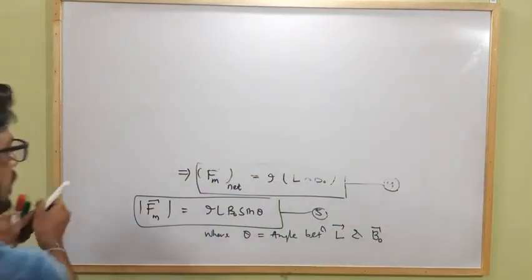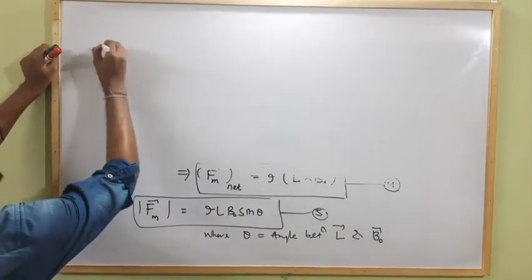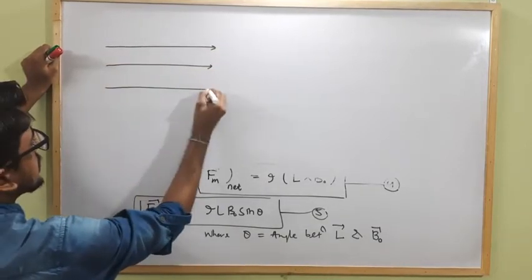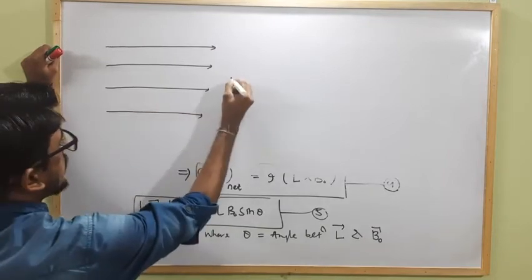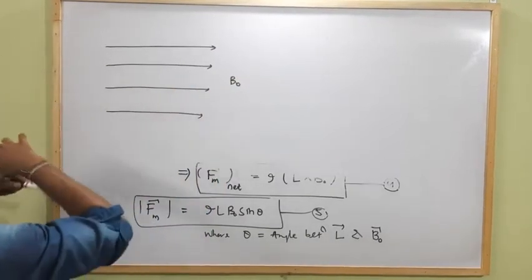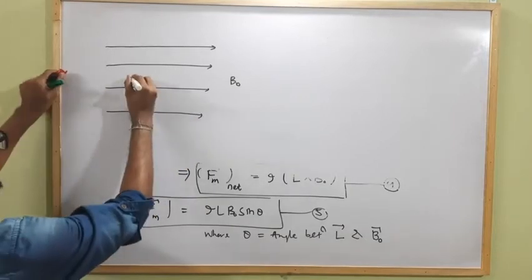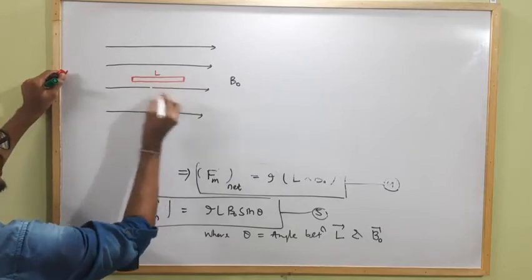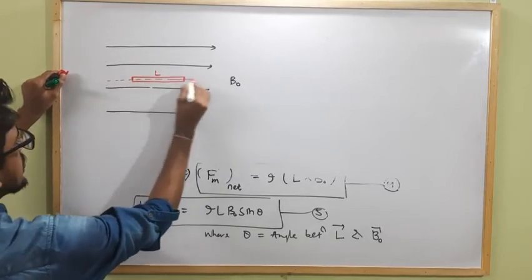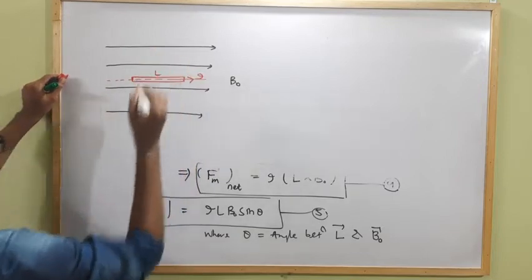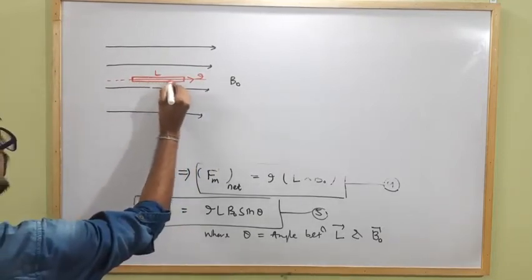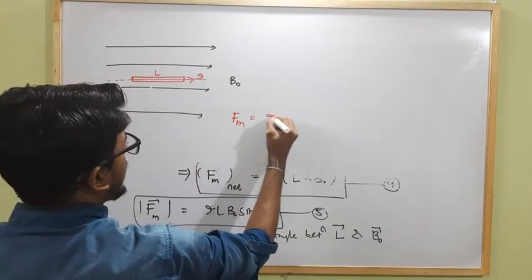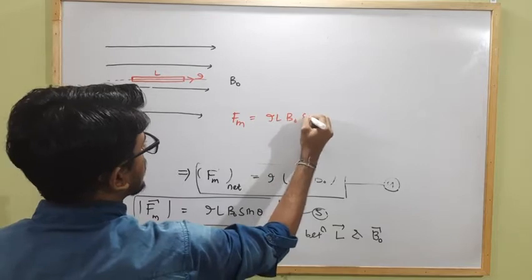If the angle between L vector and B vector is 0, that means the magnetic field strength is along this direction B naught, and the current carrying conductor is placed here, of length L, and current is flowing in this direction I, and this is the direction of L. So here the magnetic force Fm equals I L B naught sin theta.